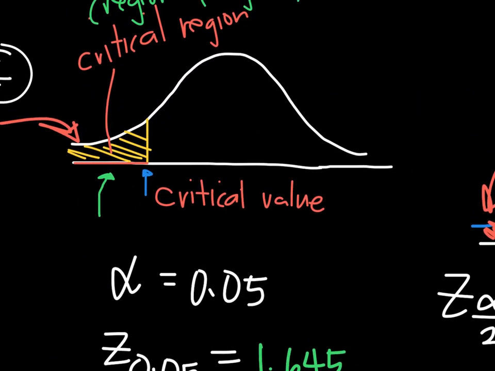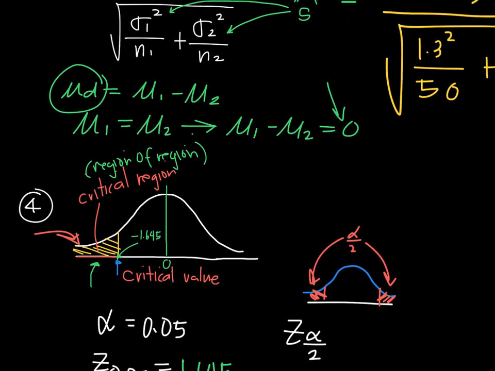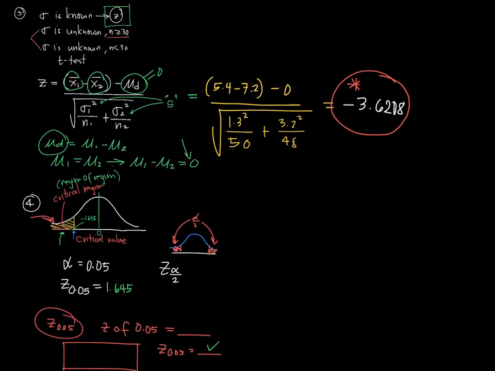Note that in the list it is a positive number, but we should always remember that in the standard normal curve, this is 0. Any number on the left side of 0 will be negative. So at this point, this is negative 1.645.